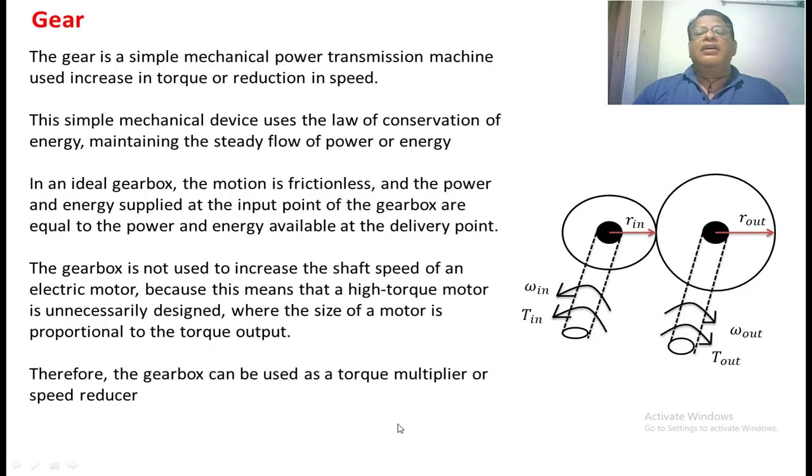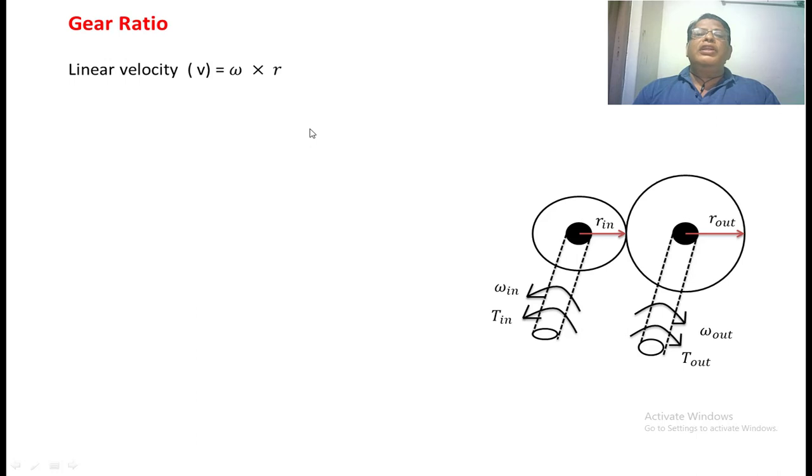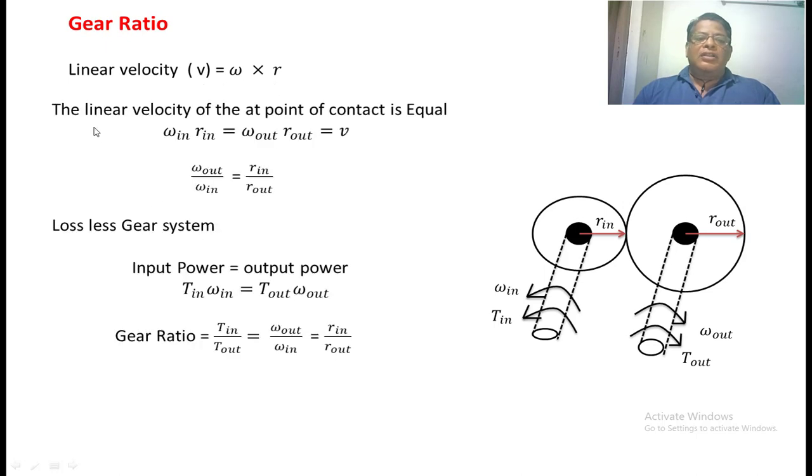But if you take the gear ratio, we know the relation between linear velocity and angular velocity. Linear velocity v equals omega times r. The linear velocity at the point of contact is equal for the two wheels.